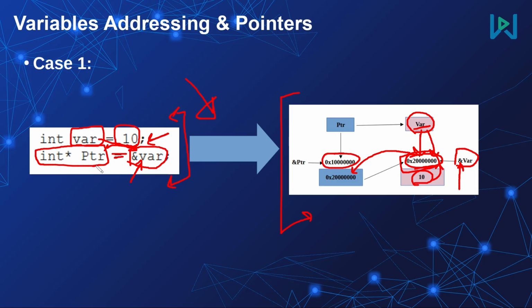The moment I create this pointer, an address or memory location is allocated to it. And when I initialize the pointer with our variable address, I am actually storing the address of the variable within the memory location of the pointer.